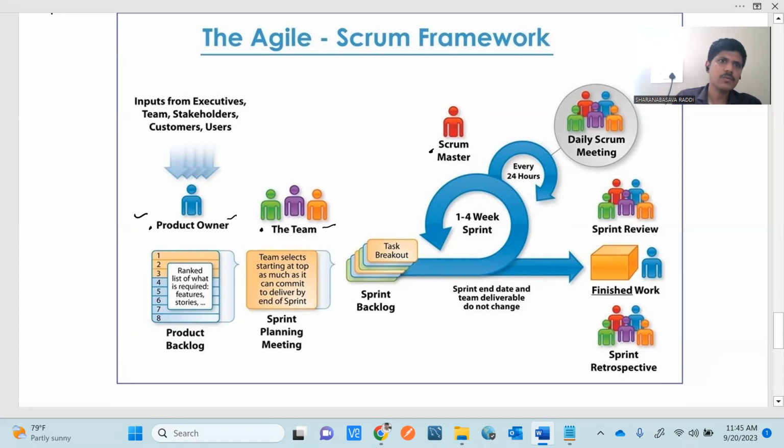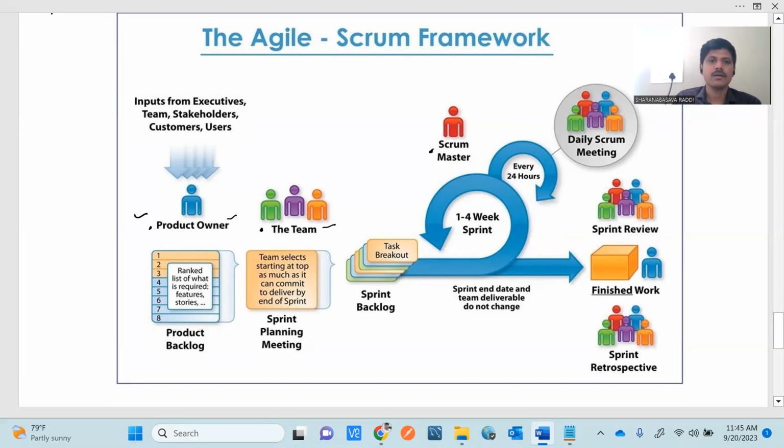Okay. So first of all, this product owner. What is the responsibility of the product owner in the Agile Scrum framework? This product owner is like a BA, means in the olden days, when they were working in a software project, there would be a BA.